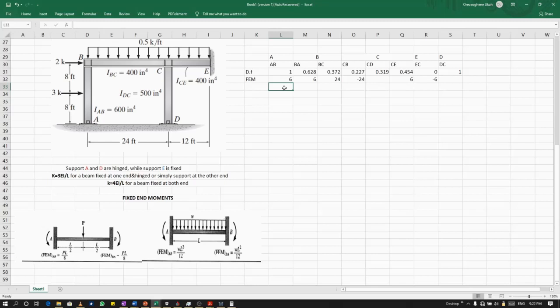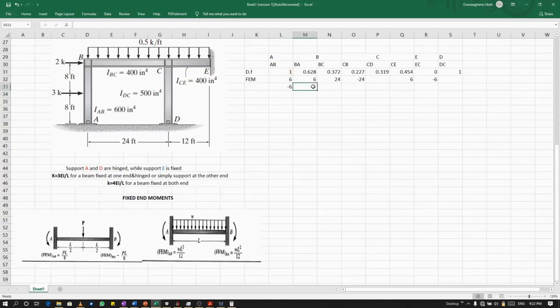So what we do next is that we're going to balance our joints. Okay. If we're balancing our AB, we have minus this times our fixed moment times our distribution factor. That will give us minus 6.